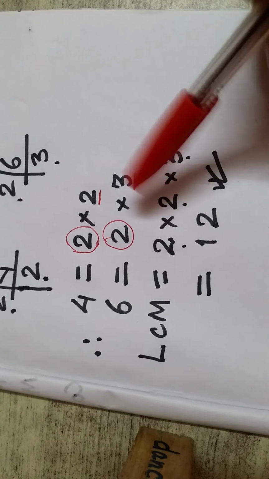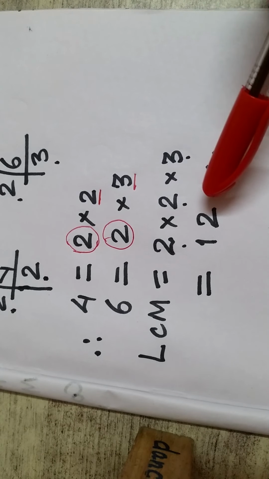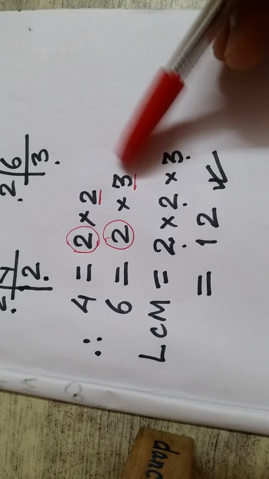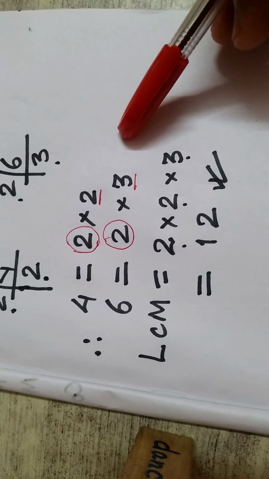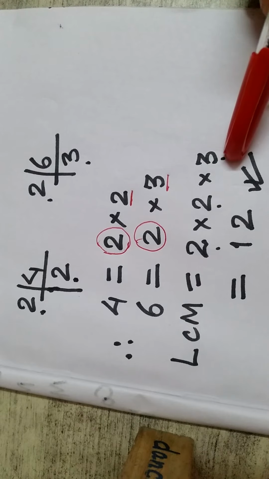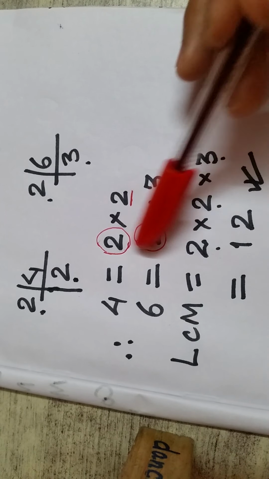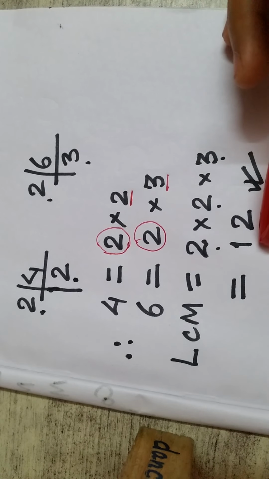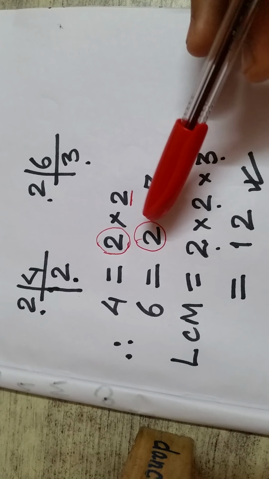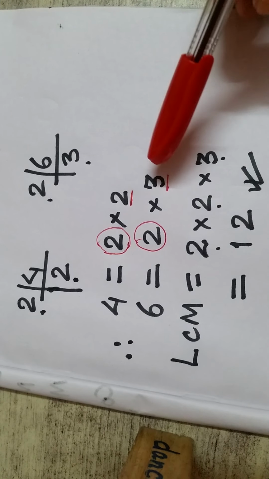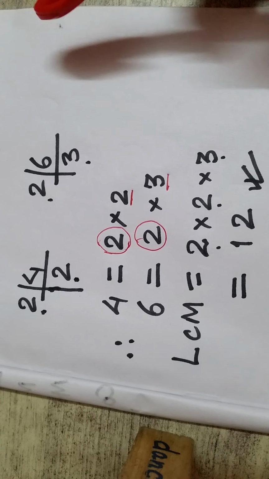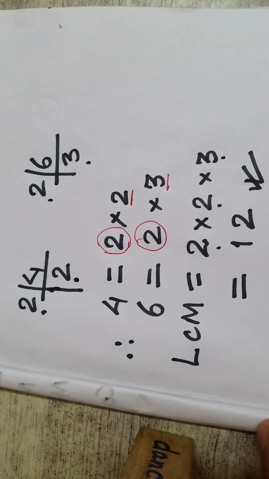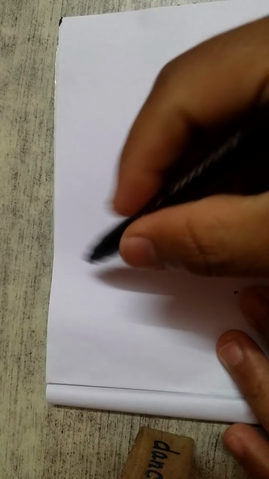And in case of 3 numbers, what to do? Okay, don't worry. In case of 3 numbers, we follow the same process. We take the common factors of all the given numbers, common factors of any 2 numbers, and again uncommon factors. But for that case, it will be easier to follow another way, that is the division method.